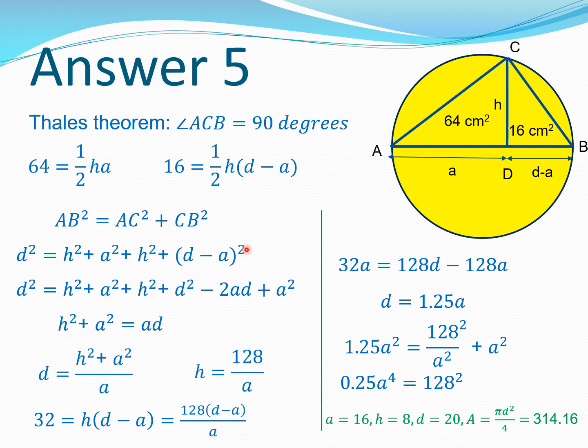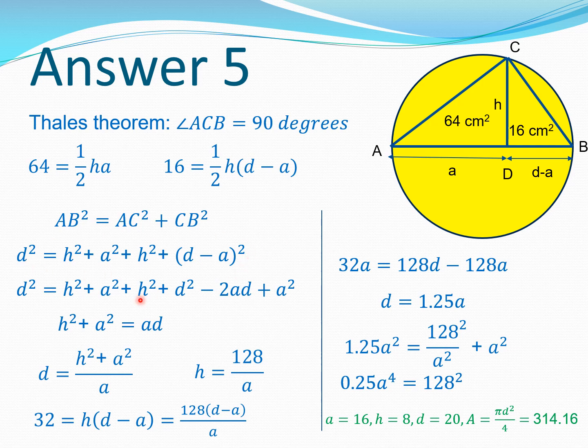Now AB square is simply D square. AC square itself is actually H square plus A square, again using Pythagoras theorem, and CB square is again H square plus (D minus A) square. So I get this equation here.